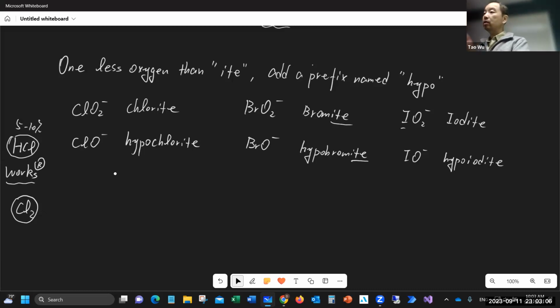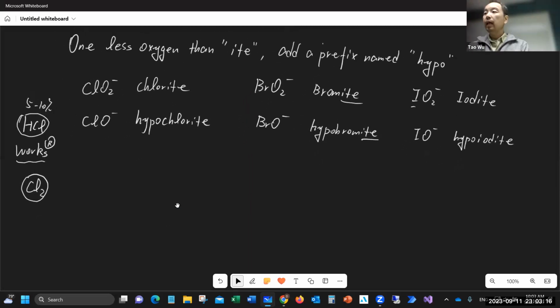So this has one less oxygen than the ITE, and we add a hypo in front. Next, we're going to talk about when we have one more oxygen than the ATE.